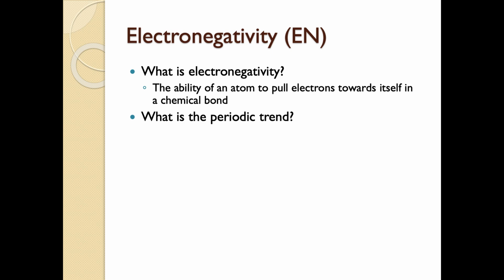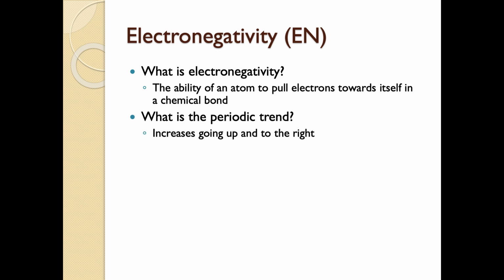One atom's usually going to want the electrons a little bit more, and again, it goes back to effective nuclear charge. The higher the effective nuclear charge of an atom, the better it's going to be at pulling electrons in a bond towards itself. And if you remember back, effective nuclear charge's trend was that it got bigger as you went up and to the right.